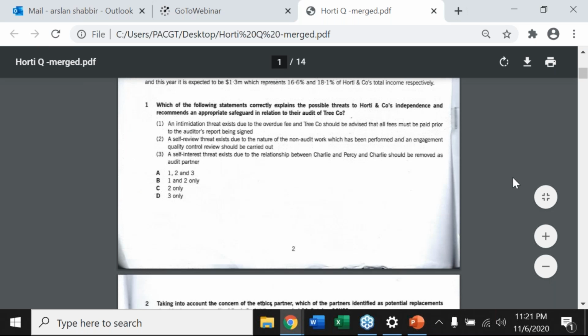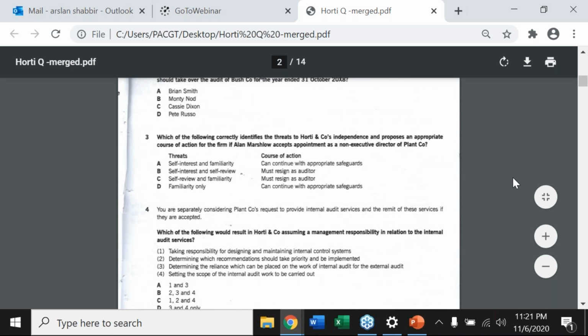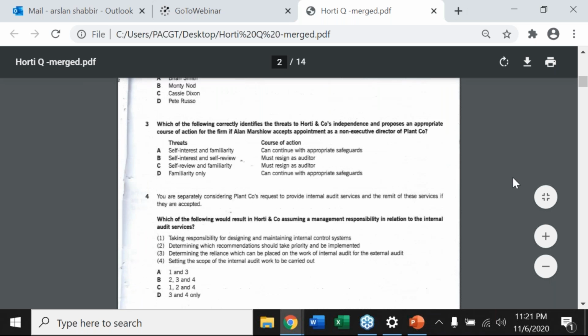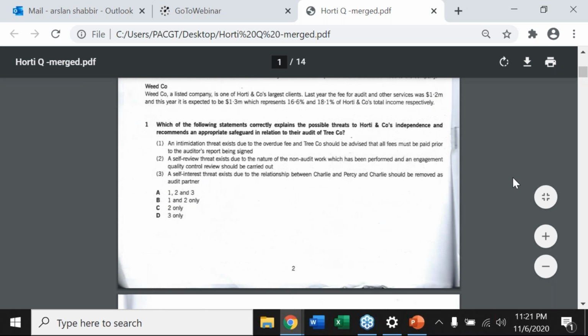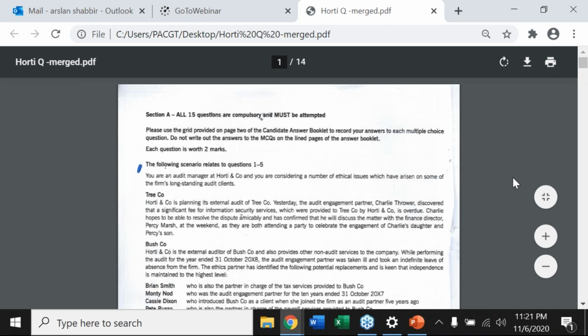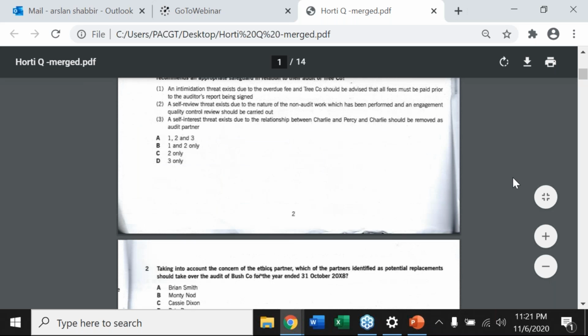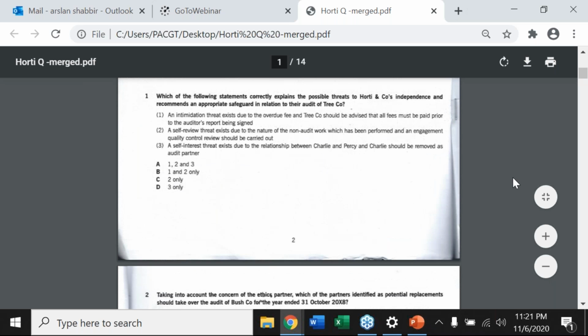In that case, read these five requirements, the five MCQs, first, so that when you read the question, you will highlight the identified threat and can easily recommend the possible safeguard.